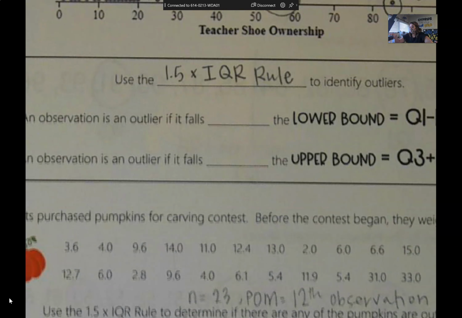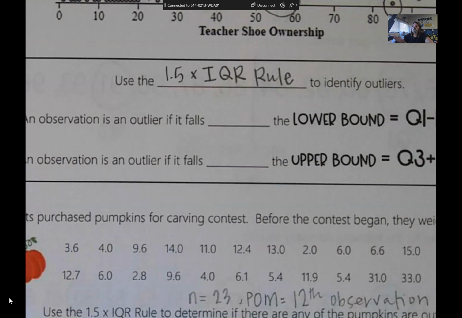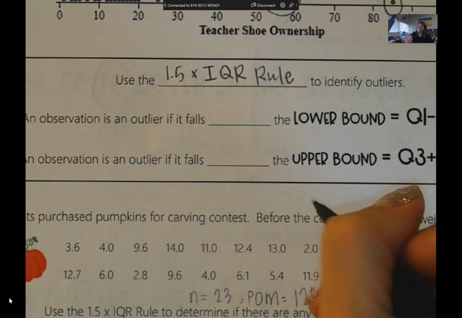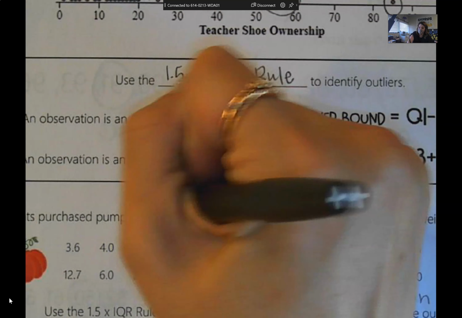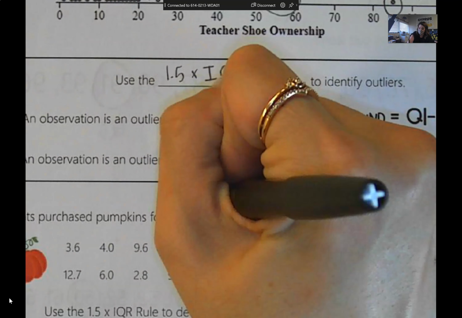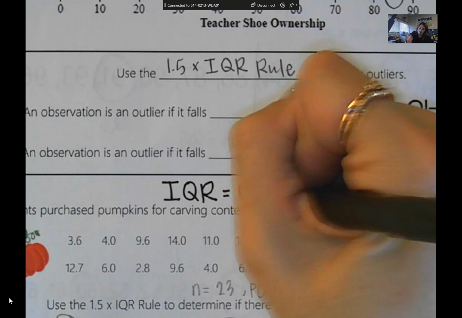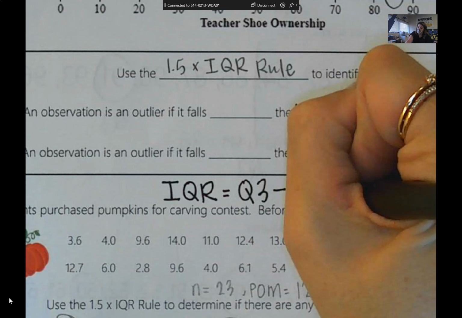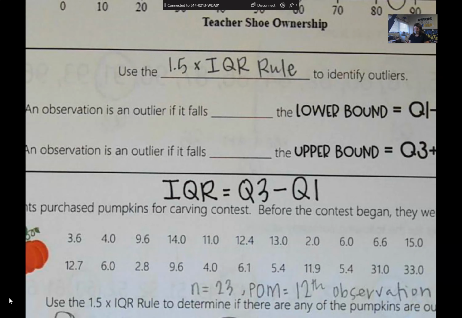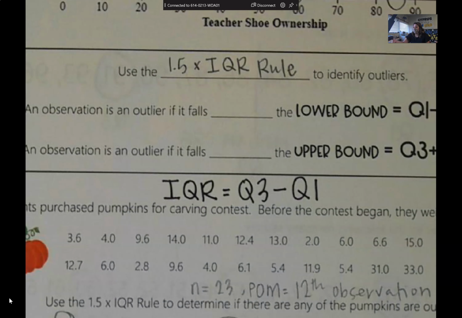You will have a worksheet that goes into this more in depth when we make box plots, but IQR is called the interquartile range. So down here underneath this box, I'm going to write down what the IQR is. It is your third quartile, subtract your first quartile. It is your interquartile range.